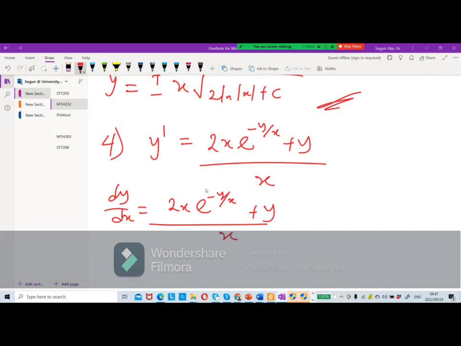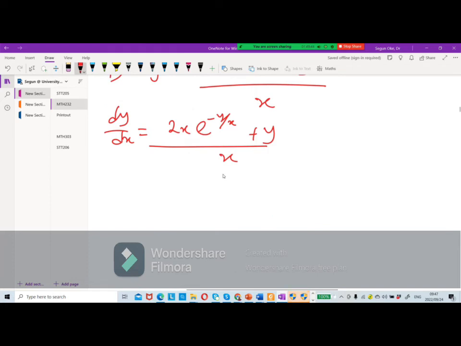So let it be on dy dx. I don't need anything else. I can now multiply through by x dx. If I multiply through by x dx, I'm going to have x dx in brackets dy dx.